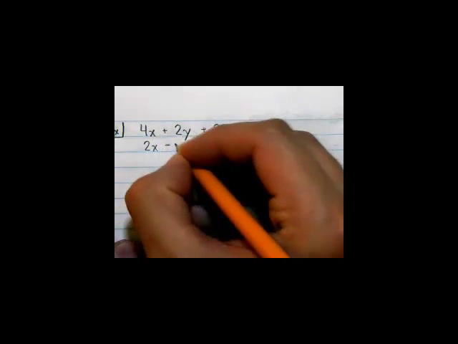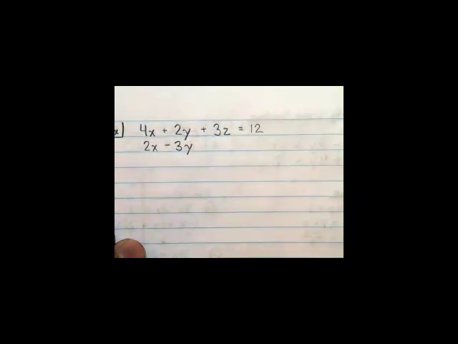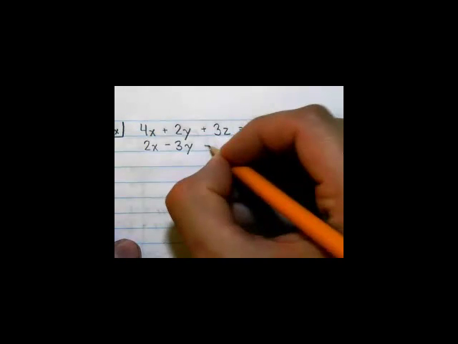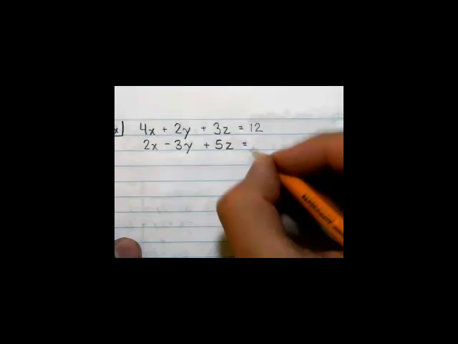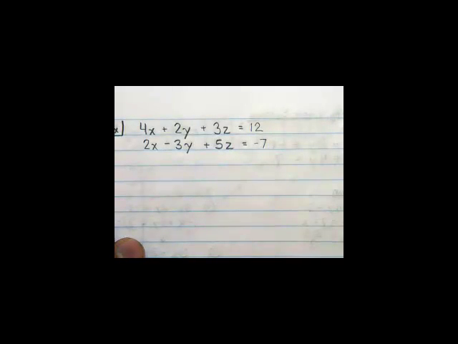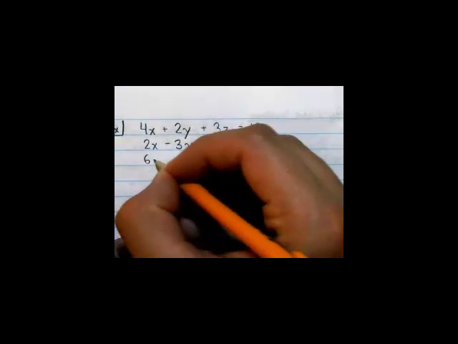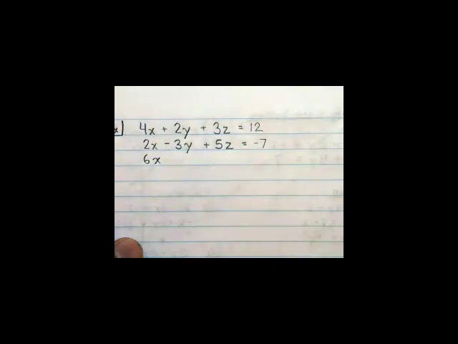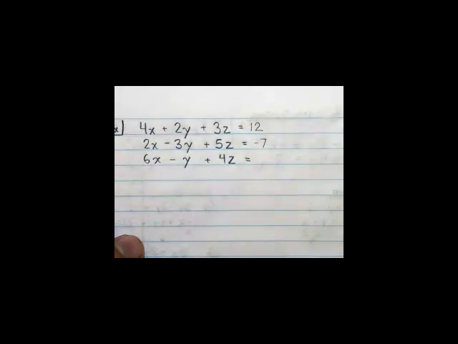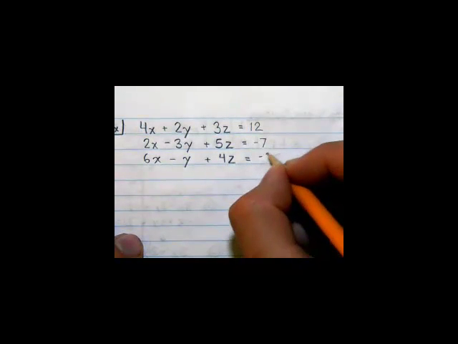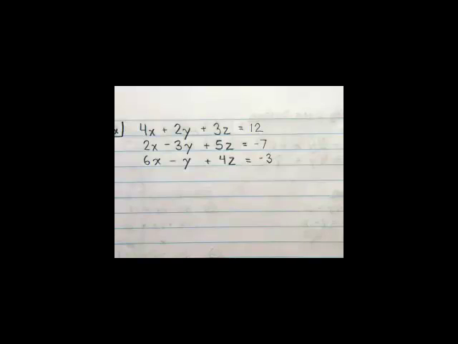Second one, 2x minus 3y plus 5z equals negative 7. And the third one, 6x minus y plus 4z equals negative 3. Okay.